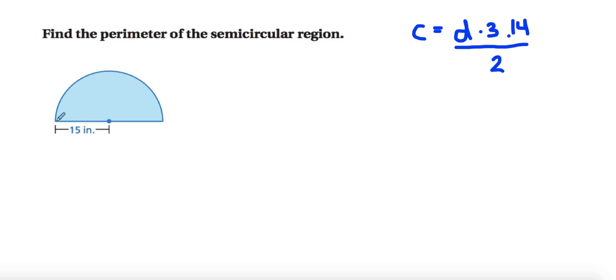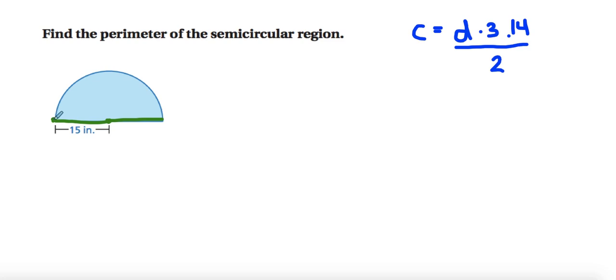The information that's given to us is the radius of my circle. I know that from the center to one point on my circle, it is 15 inches. But if my equation wants the diameter, I can say that this distance is also 15 inches.